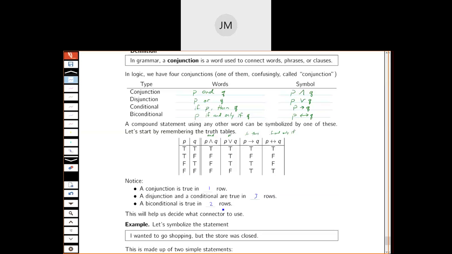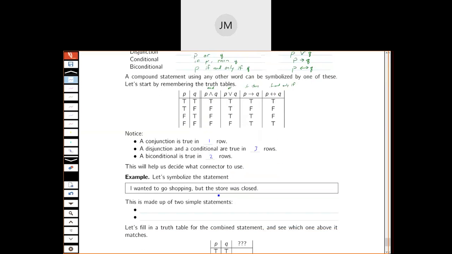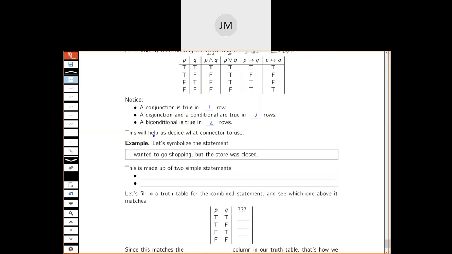But for now, one of the things that we can do is look at how many truths do we get that might help us decide what connector to use. Okay, so let's look at an example. I wanted to go shopping, but the store was closed. Okay, so let's see if we can break this down. We're going to convert this into logical statements.